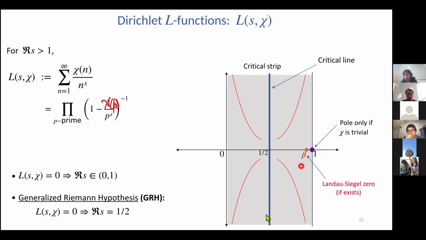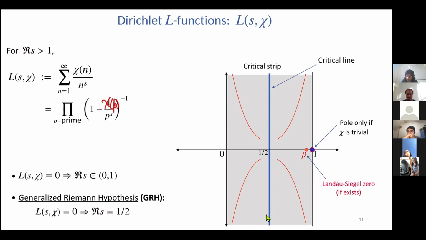We don't know if it exists. We do not expect it to be there, but we can't disprove that. So this is the real zero that we have to deal with. This function will have a pole only when the character is trivial. Otherwise, this one is not an issue.